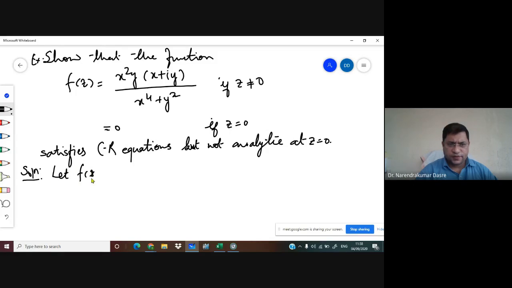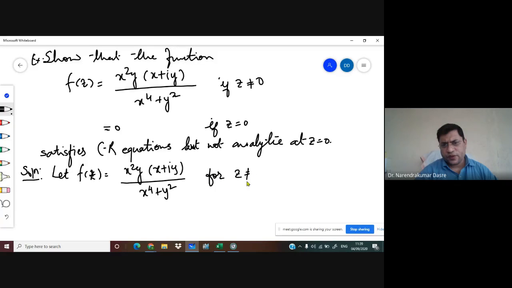f of z is equal to x square y times (x plus iy) over x raised to 4 plus y square for z not equal to 0, and this is 0 for z is equal to 0.